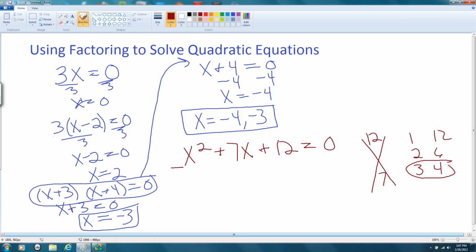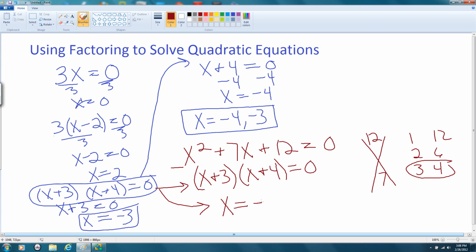And so we end up with x plus 3 times x plus 4 is equal to 0. And then we say, aha, we factored it. And since we factored it, then we know what we did before. So from what we did before, we know that x is equal to negative 4, or x is equal to negative 3, and that's our answer.